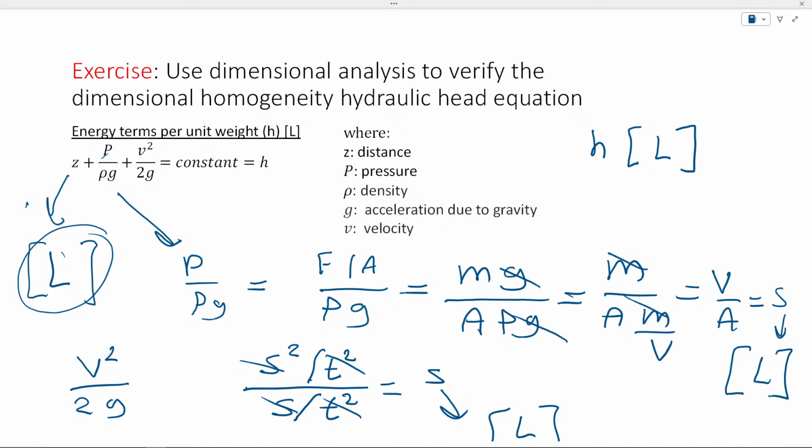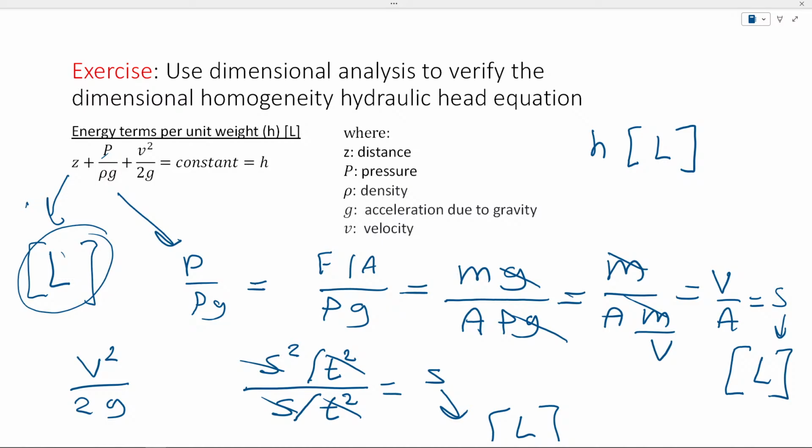Here it's funny, because you may ask, are we measuring energy as length? Yes, we are measuring energy in units of length. The unit of energy is joule, but this is energy per unit weight, which has the unit of length. So I'm measuring energy in length.